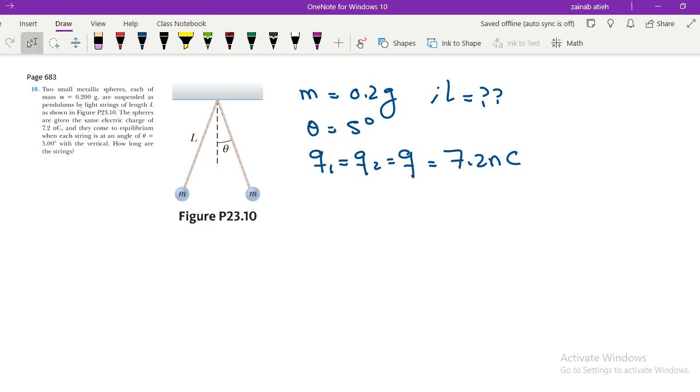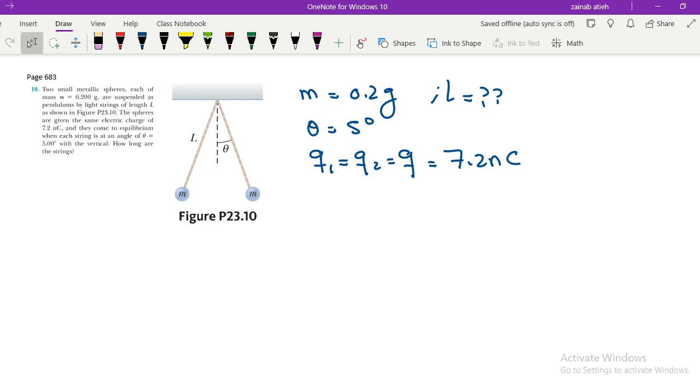To find the length L of the string, I will start from something very important, which is that the spheres are both at equilibrium. I will choose one of them, the one on the left. You can do any one of them, it will give you the same answer.